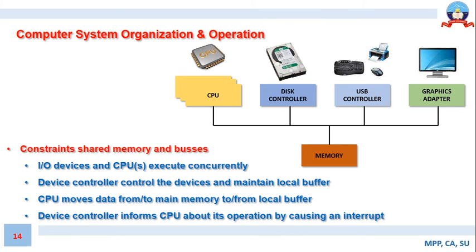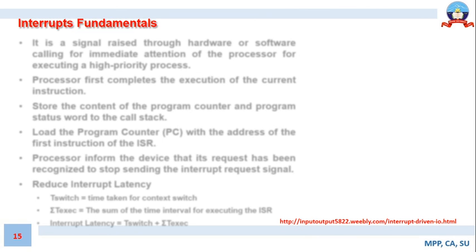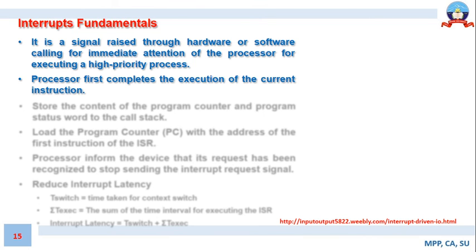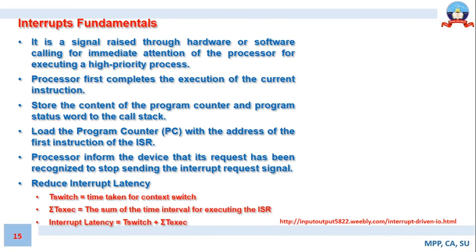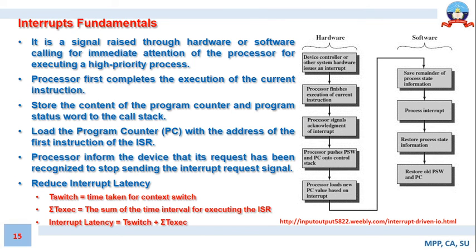Then we learned how a device interacts with the central processing unit by raising an interrupt. Then we moved on to interrupt fundamentals, where we discussed the mechanism of interrupt and its handling in a very simple context. Then we learned about the significance of interrupt latency, and the way the processor handles an interrupt with the help of a schematic representation.